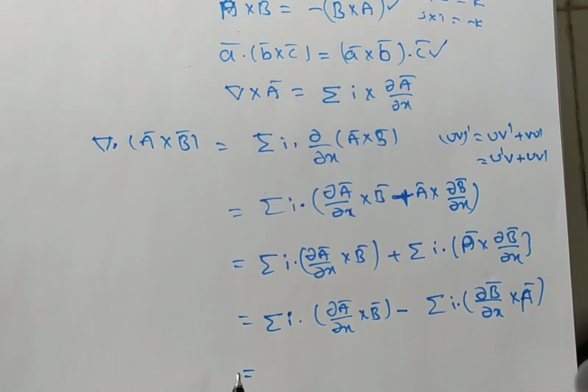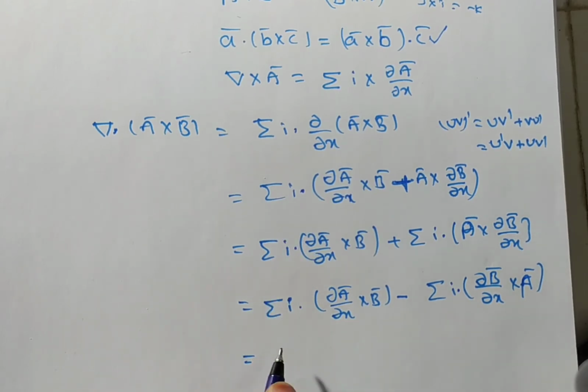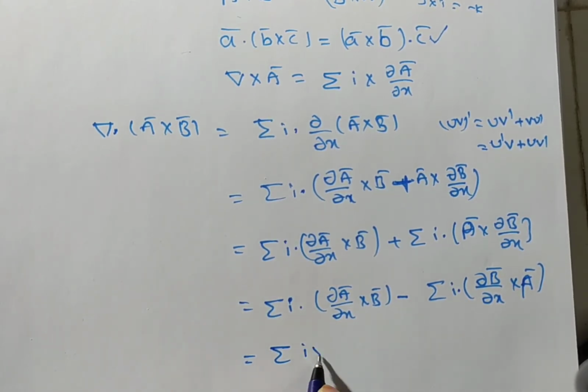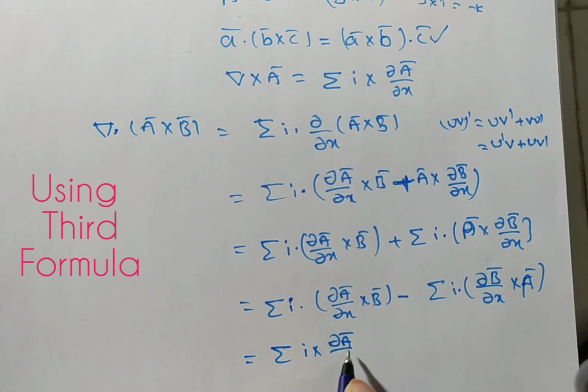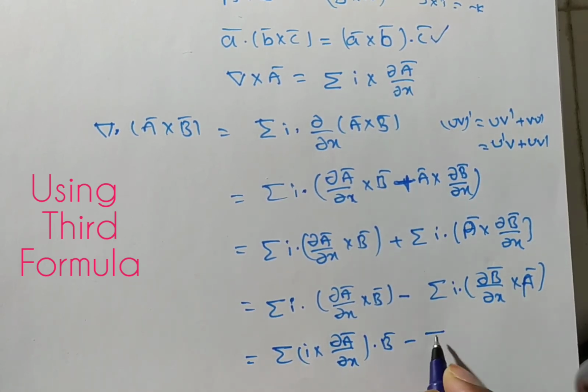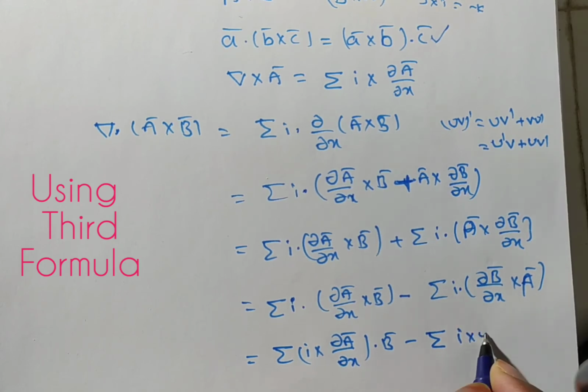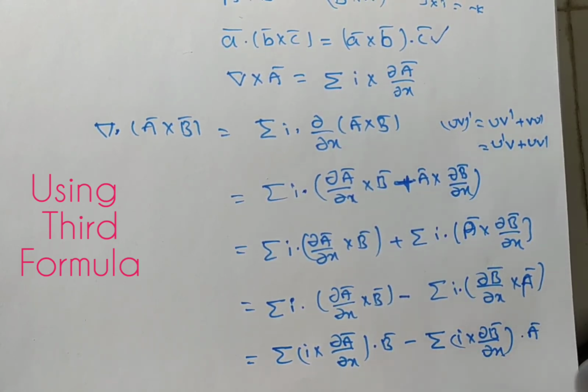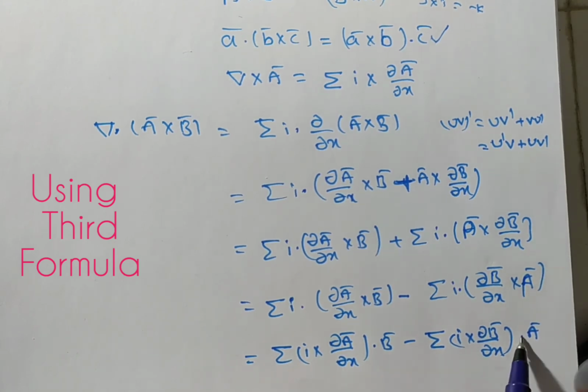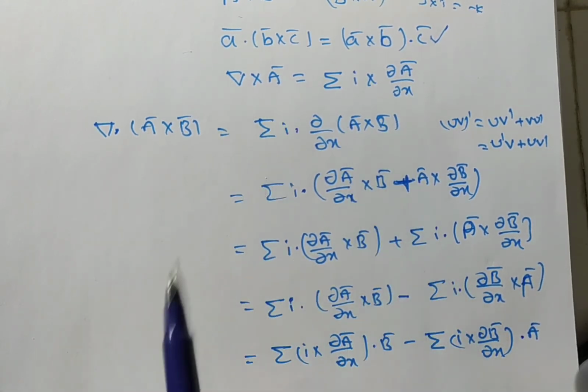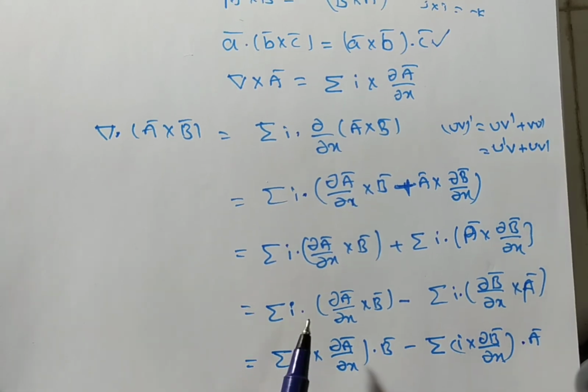In this case, (a bar cross b bar), nothing but here summation i cross dou a bar by dou x dot b bar, minus, similarly this term also, i cross dou b bar by dou x dot a bar. Clear? Third formula I applied here.